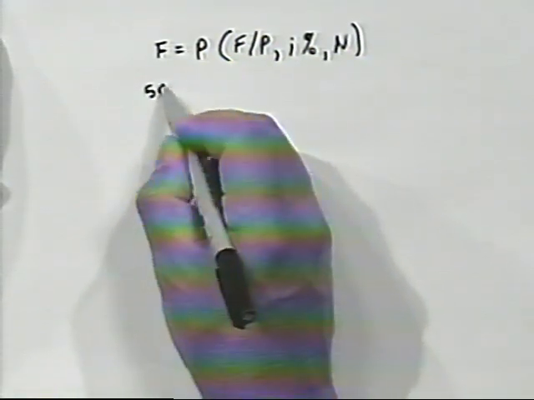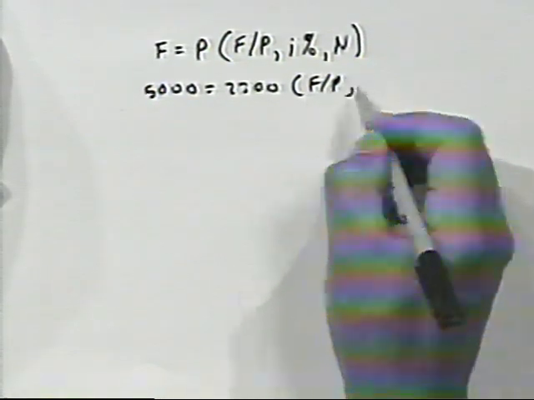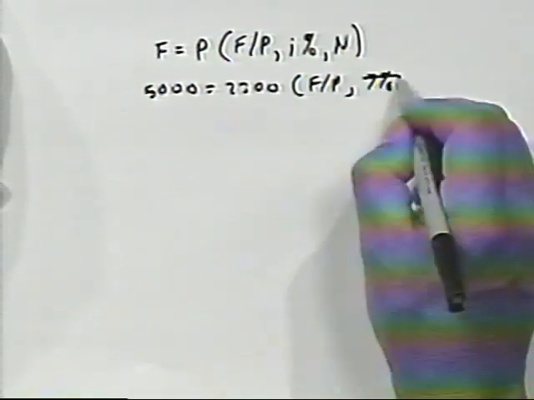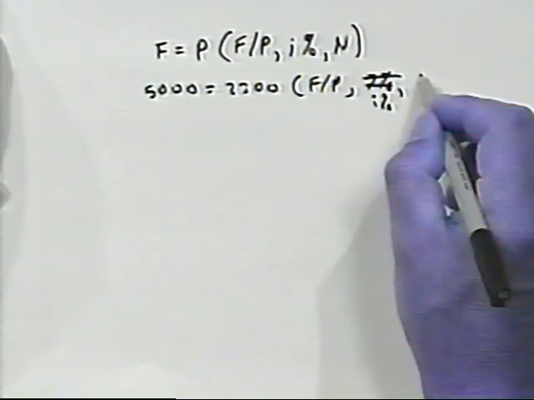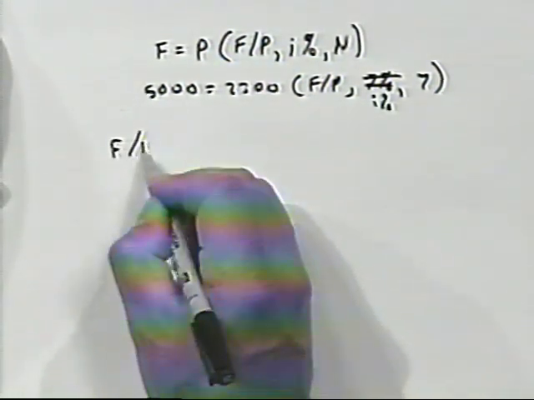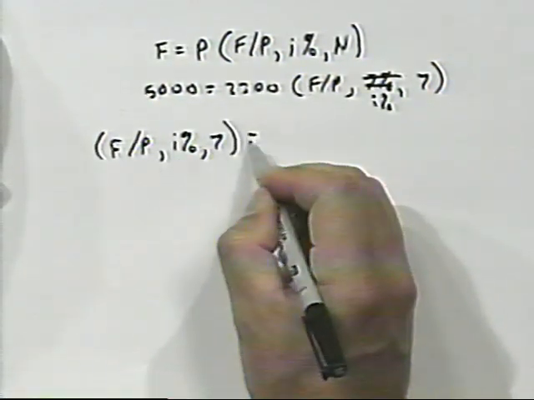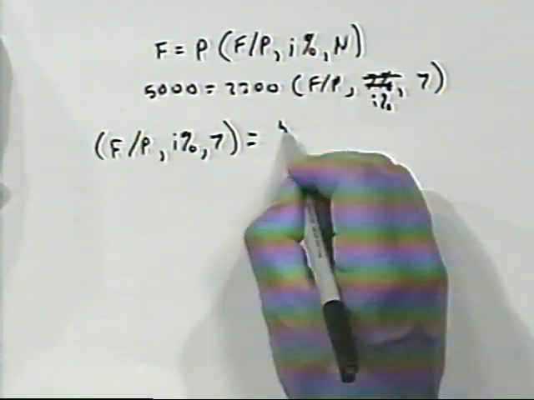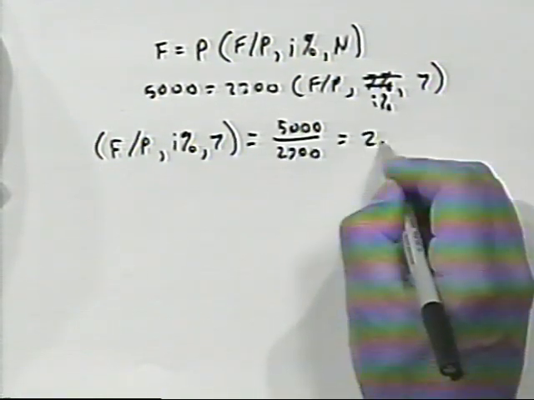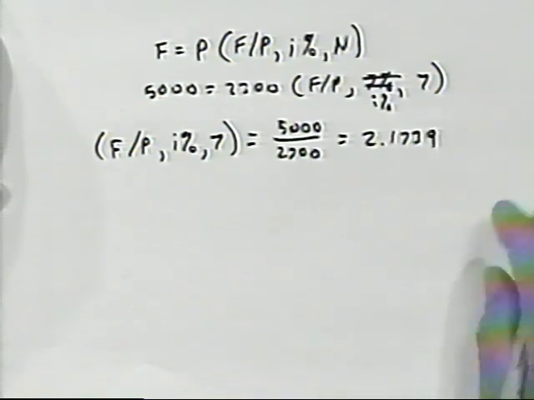So 5,000 is equal to 2,300 times (F/P, i%, 7). Isolating that compound amount factor, we get (F/P, i%, 7) is equal to 5,000 over 2,300, which is equal to 2.1739.